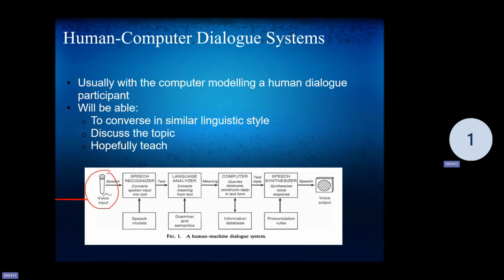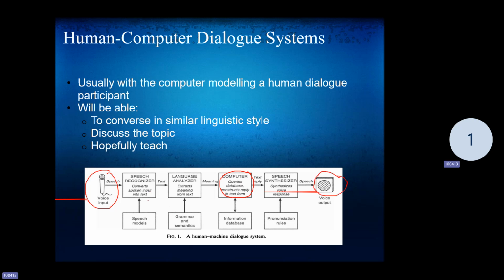And then the computer, this is basically an NLP system where a lot of algorithms are working to find the solution of your queries, such as database, books, where different ways to search for your query are present. So the database constructs a reply in the form of text, and the text reply goes to the speech synthesizer, which synthesizes a voice response and then provides voice output.